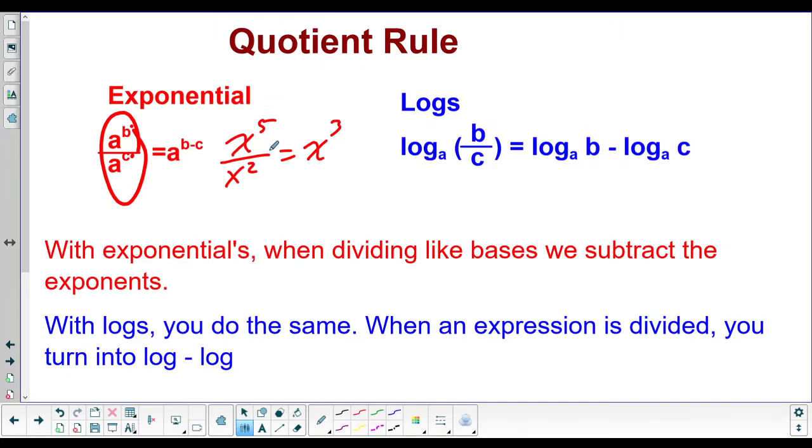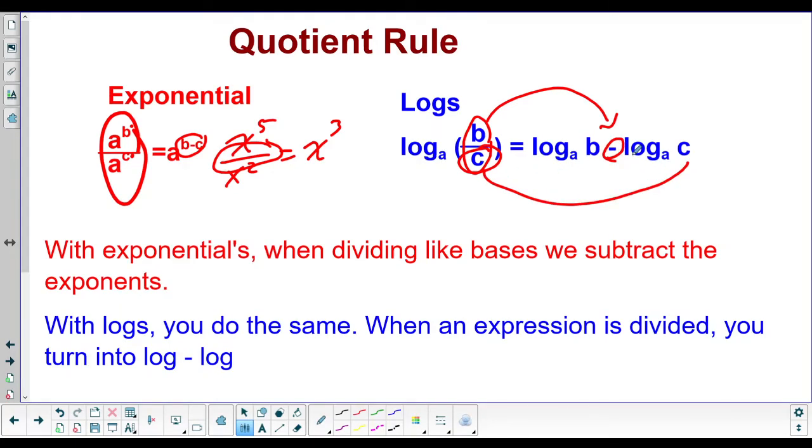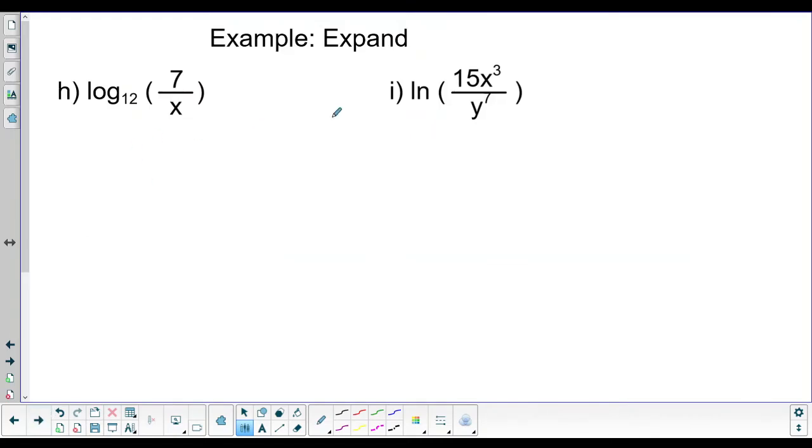So what we're doing here is we're changing division into subtraction. So we can do the same thing with our logarithm. If we have two terms inside that are being divided, we can turn that into subtraction. The important thing here is the denominators all have to go inside logs that have a negative sign in front of them.